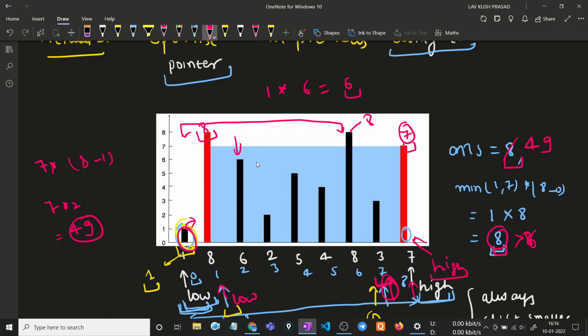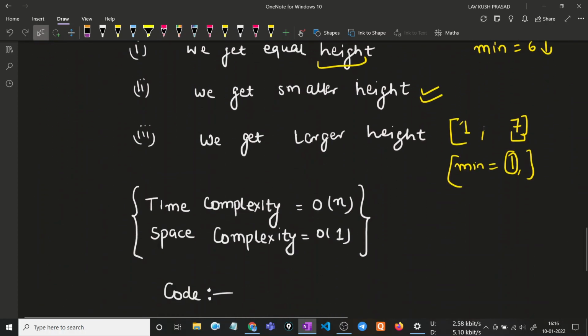So that's why we have to shift the value which is smaller in nature, and that's why the two pointer approach works here. And the time complexity is big O of n, and the space complexity is big O of 1.